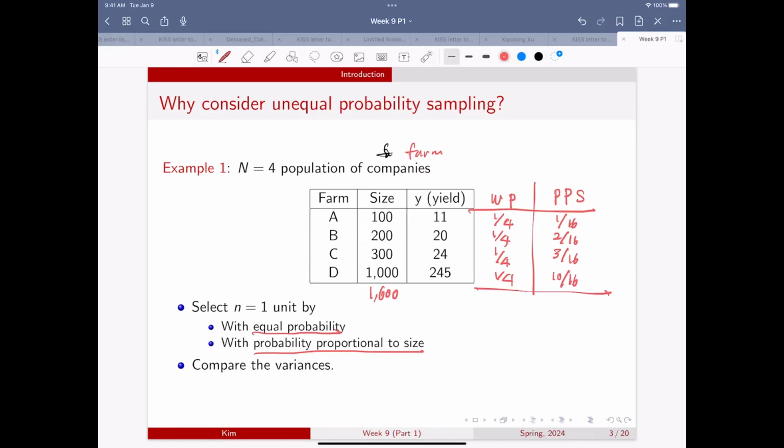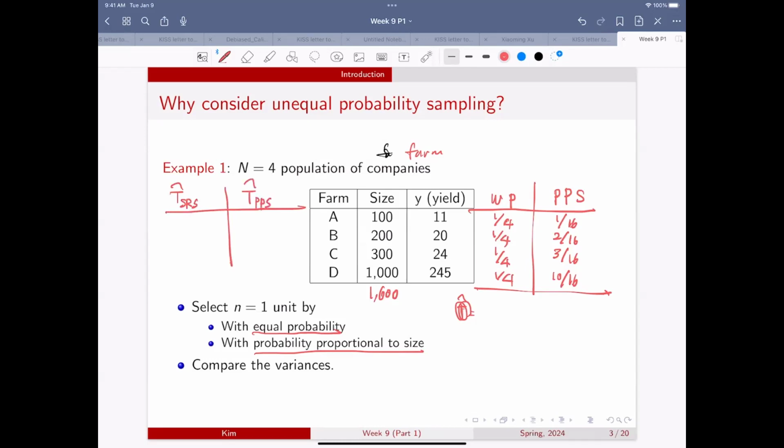And so then compare the variance. So what is the variance? Then the estimator, T hat, the estimator on the simple random sampling, or T hat PPS.